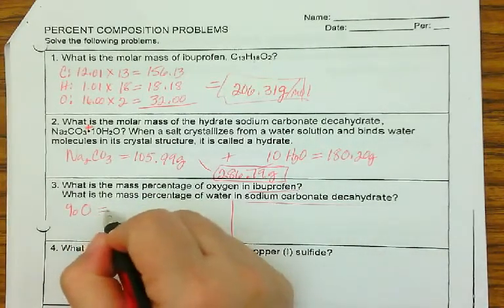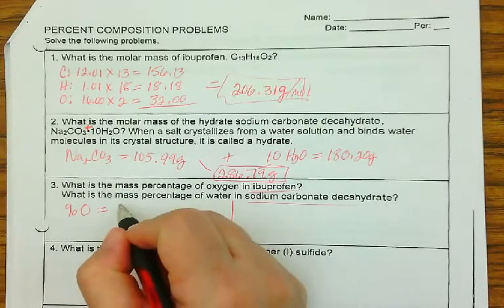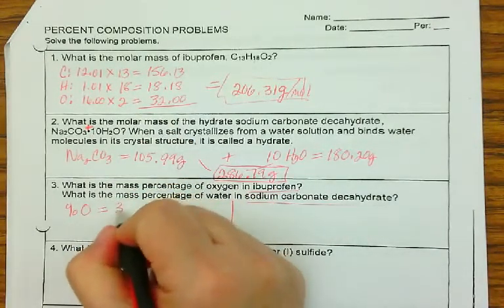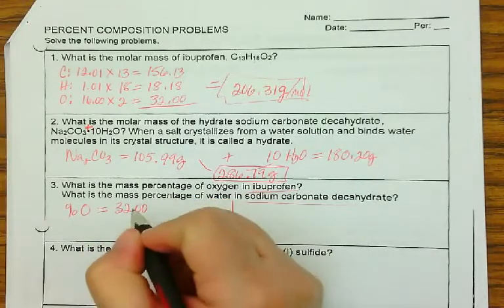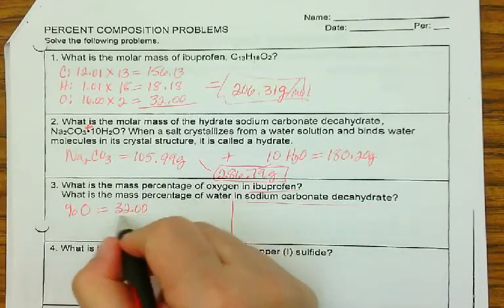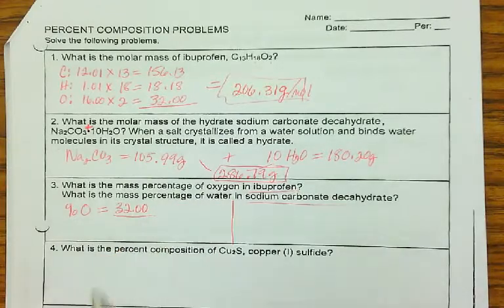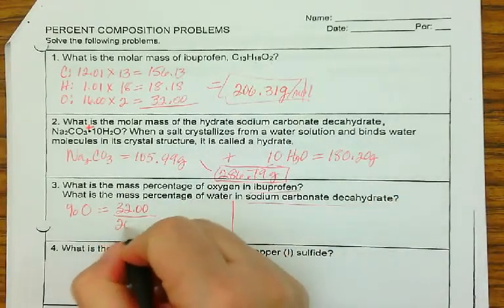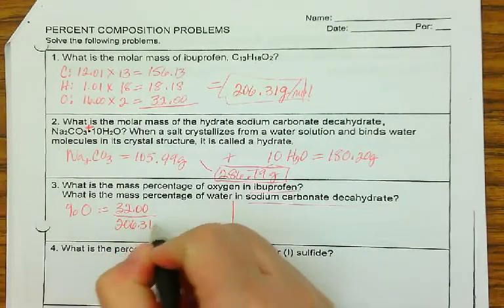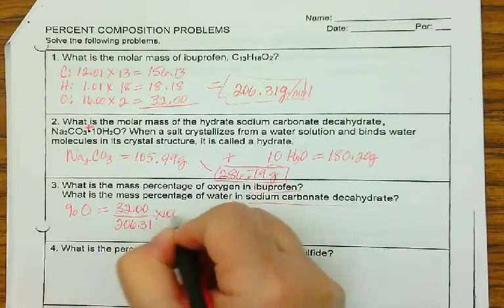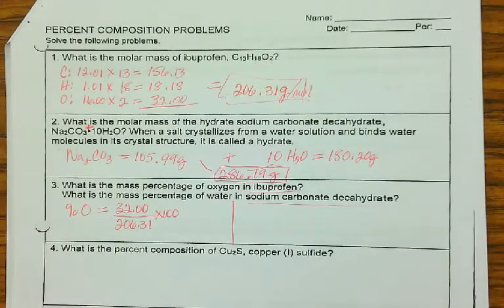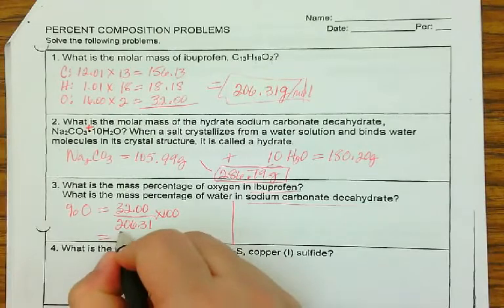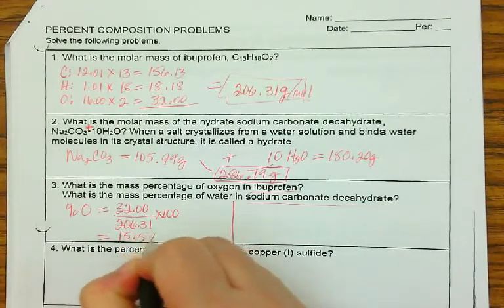So that's going to be equal to the mass of oxygen, 32, divided by the mass of the total molecule, which is 206.31, times 100. And that's going to be equal to about 15.5%.